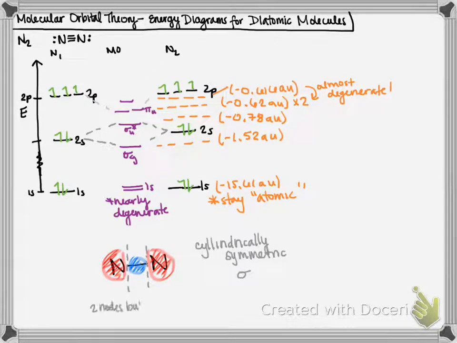And we have two nodes, both of which cut across the bonding axis, the z-axis. However, we still have a significant amount of wave function or probability that sits directly in between the two nuclei. So this is still a bonding orbital.